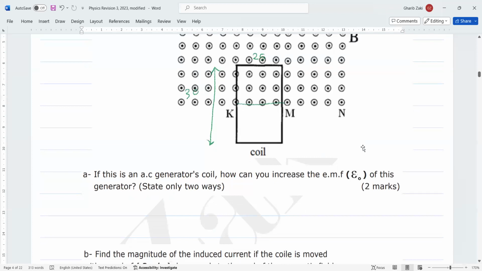If this is an AC generator coil, how can you increase the EMF induced? Okay, said only 2 ways. Okay, so I said that before, we can do it oral. Coil with more turns N, coil with larger area A, increasing the strength of magnetic field B, increasing the frequency of rotation of the coil.